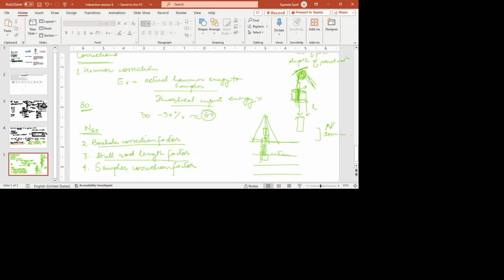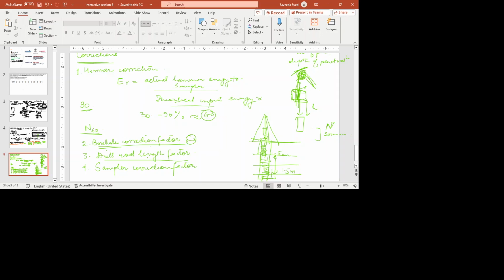And then after we have completed SPT here, we will take everything out. Then again we will auger or bore up to the next depth that we want, and then we will do SPT here. So basically we are augering or boring here, and then we are placing the sampler in this borehole. So the correction is for the diameter of this borehole.